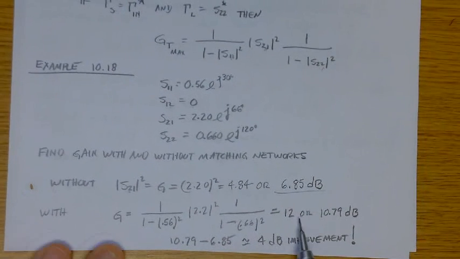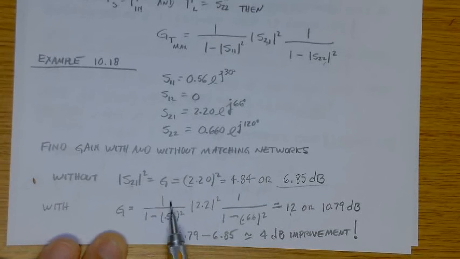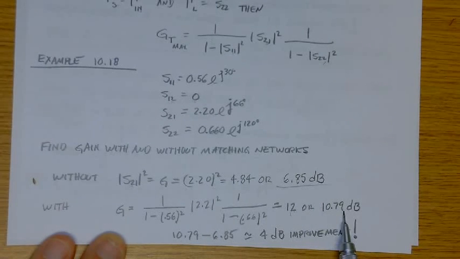If you write that out, it's S21 squared, but it has a multiplicative factor here and here. So these are helping your gain. So here you get 12, or about 11 dB.